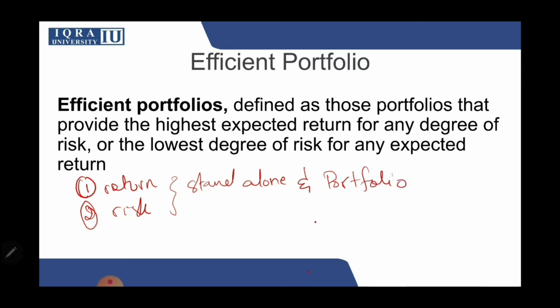In the context of portfolio, we discussed that some of the risk can be diversified away, and the only relevant risk in this case is the market risk, which is measured by the beta coefficient.